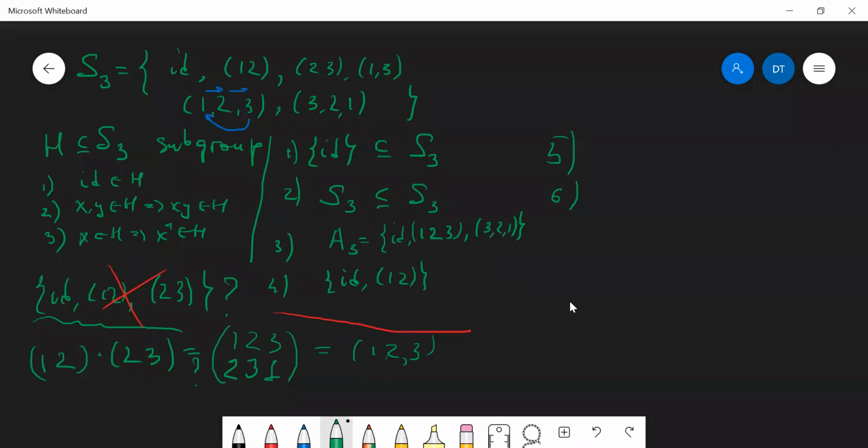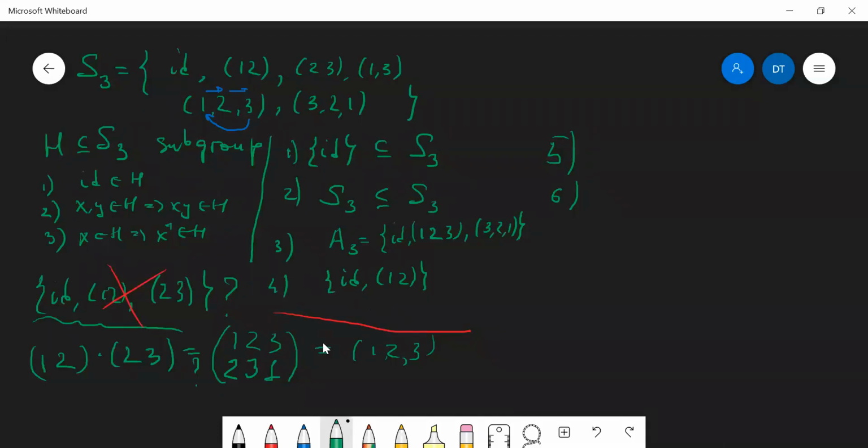But come on, what are the other options for a subgroup here? Let me give you a hint. Look at example number 4.